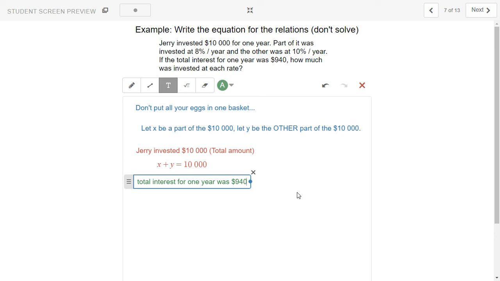We know that total interest was equal to $940. Now, just a side note to remind you, interest is created by the sum of money times your percent or your rate.